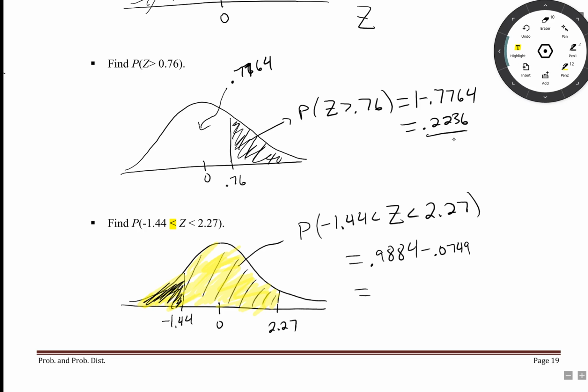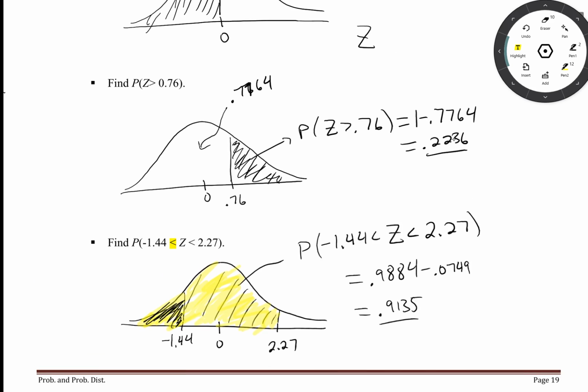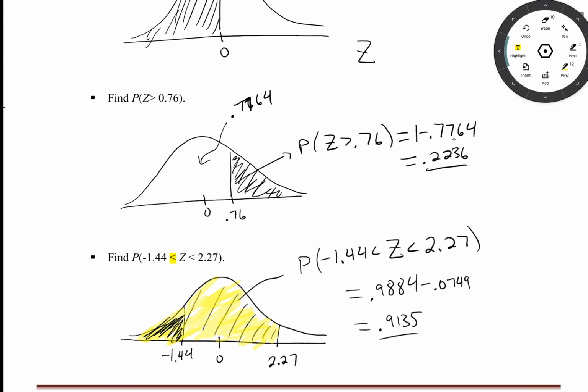Take the difference there, and I get 0.9135. Okay, so that's the area under the curve between two z-scores. Had to use the table in a clever way to get that particular area.